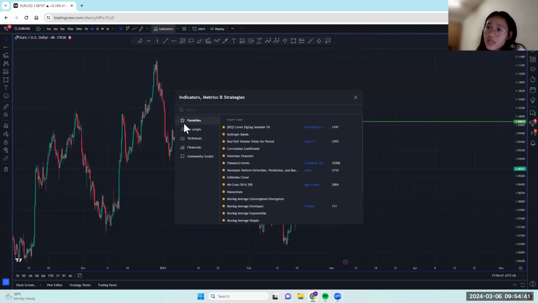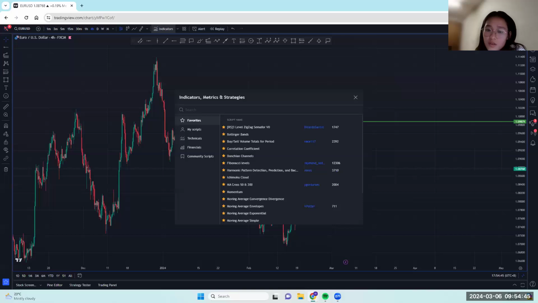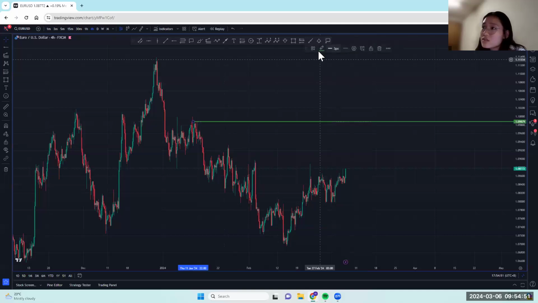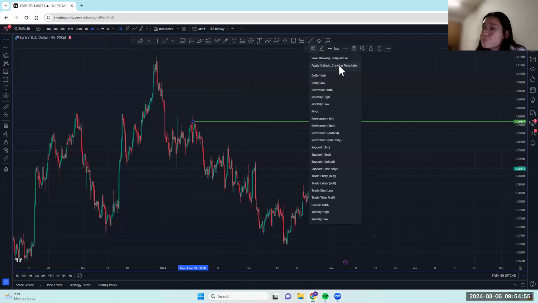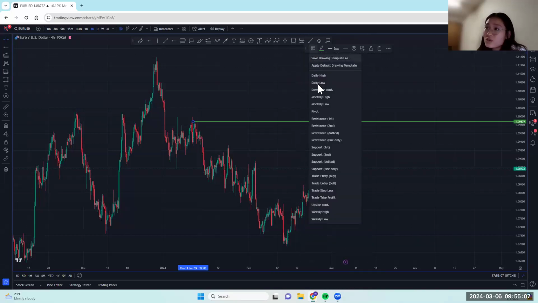Yeah, add to favorites, and then it'll show up in this column here. For this template, I'm actually not too sure. Oh, like this. Save drawing template as, and then you type resistance 1, resistance 2, save, and then I think it will show up here.